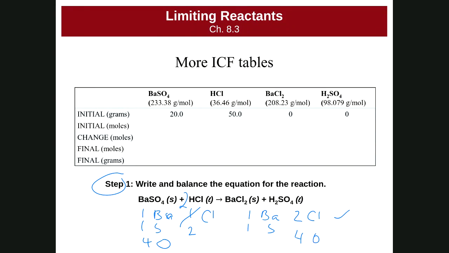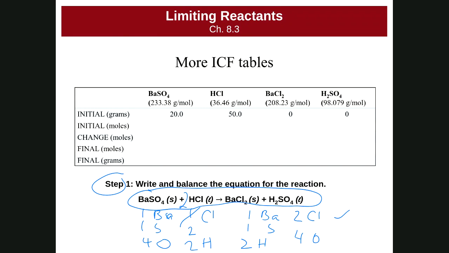And lastly, hydrogen. We have 2 hydrogens because we have 2 hydrochloric acids on the left, and we have 2 hydrogens from our sulfuric acid on the right. So that is our balanced equation. We just needed 2 hydrochloric acid molecules to balance our reaction.